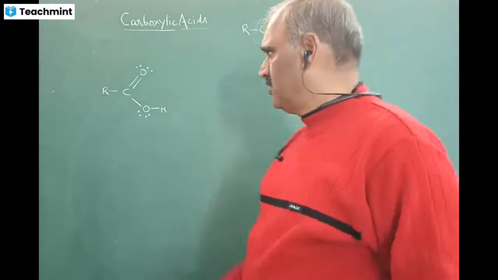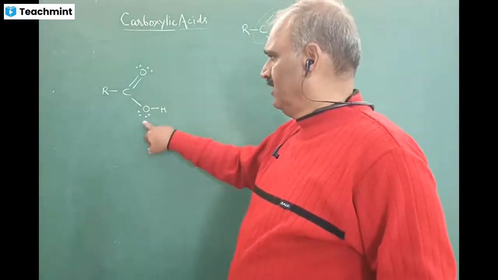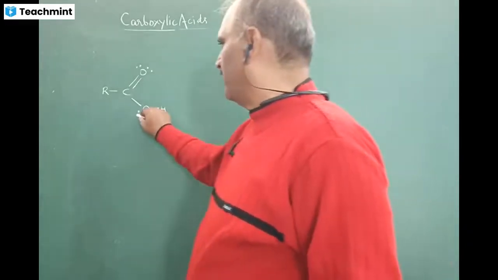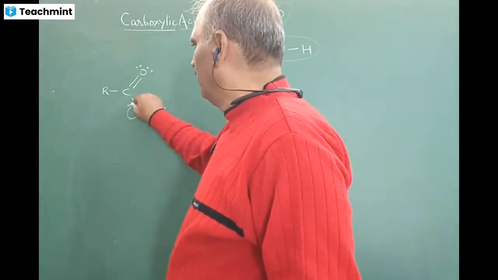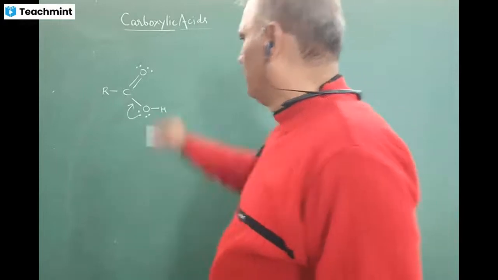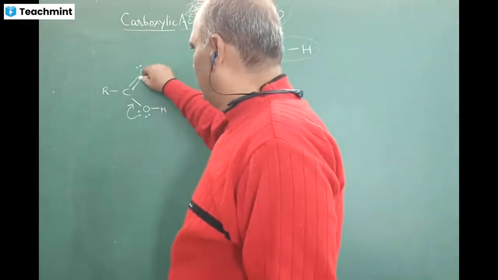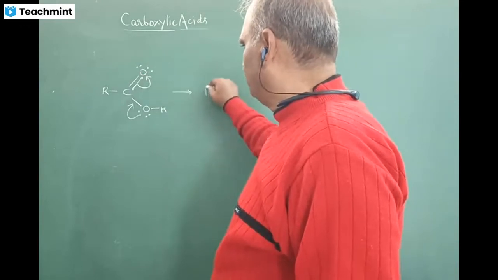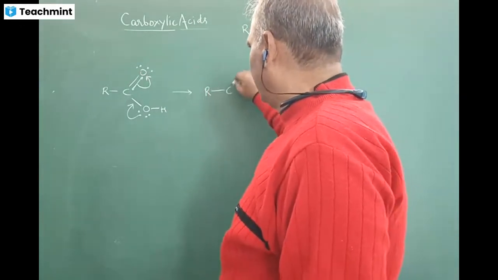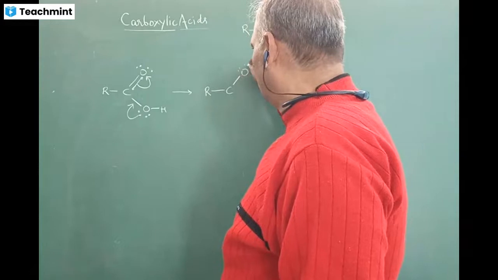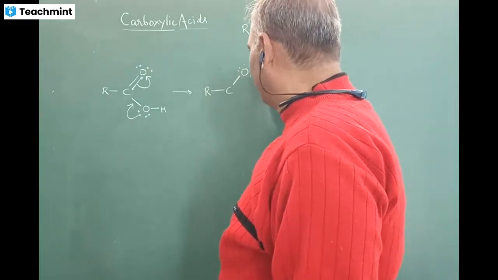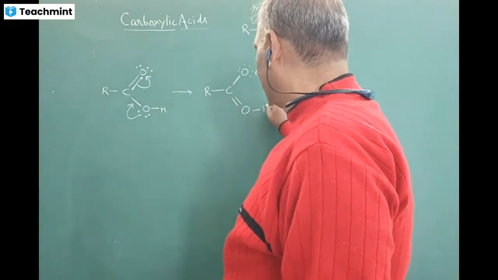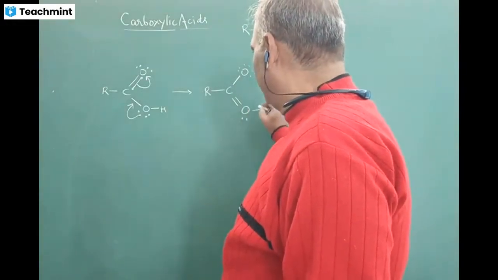Why? Because you see there is a lone pair and a single-double conjugated system, so there will be resonance. This lone pair will spread over this single bond, and this pi bond will shift here in the form of a lone pair. The structure will get converted to this structure: negative charge here, double bond, O, H, and positive charge.